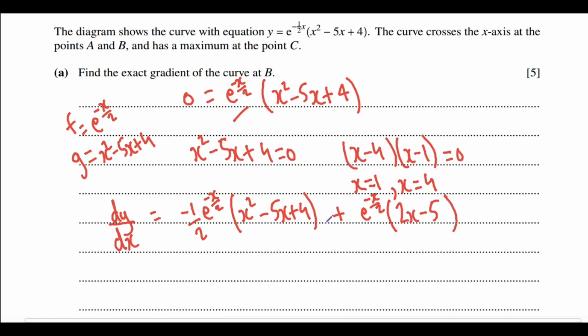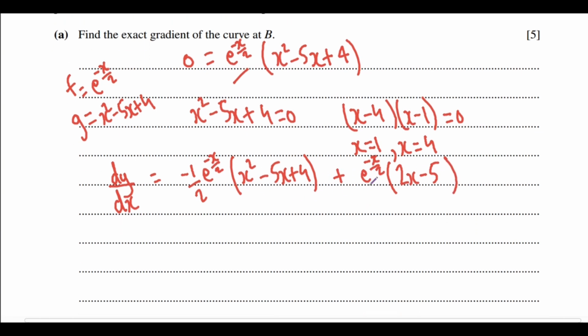Well, you can see e to the negative x over 2 is common in both of these terms. So we have e to the negative x over 2. You can factorize that. And then you have negative x squared over 2. Just bring the negative a half inside here. So then you have plus 5x over 2 minus 2 plus, I'm just doing 1 times 2x minus 5, so you're left with 2x minus 5.